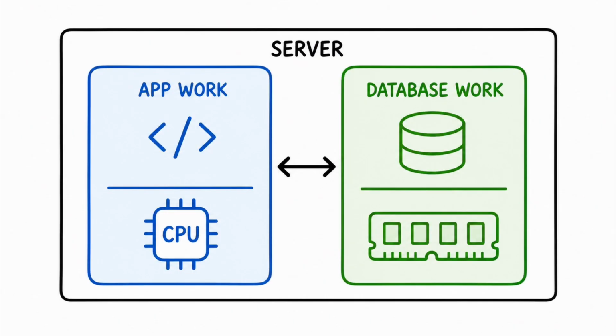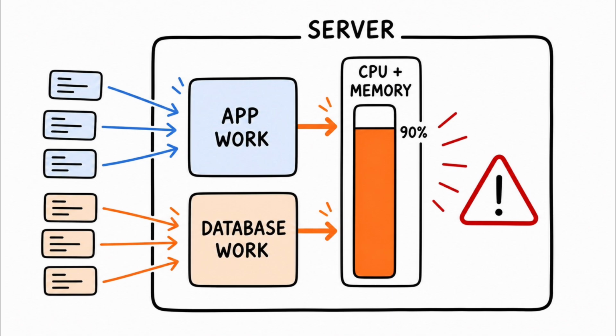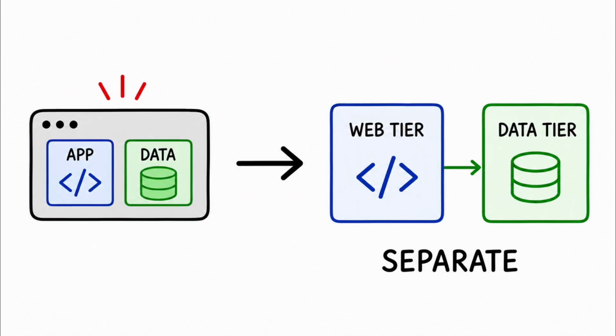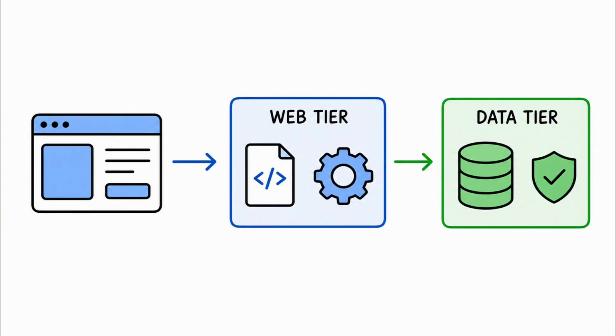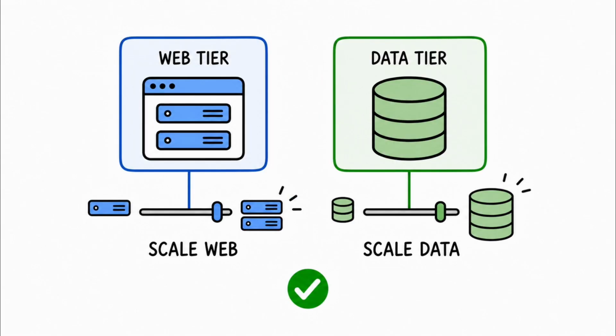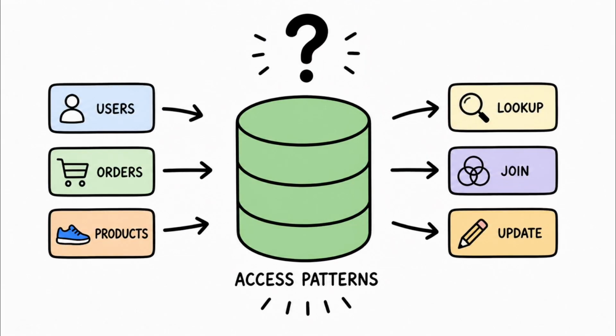But application work and database work demand different resources. As traffic grows, they begin competing for the same machine. So the first architectural change is separation. The web tier handles requests, while the data tier stores durable information. Now each tier can be changed and scaled independently. The database choice depends on the data and its access patterns.